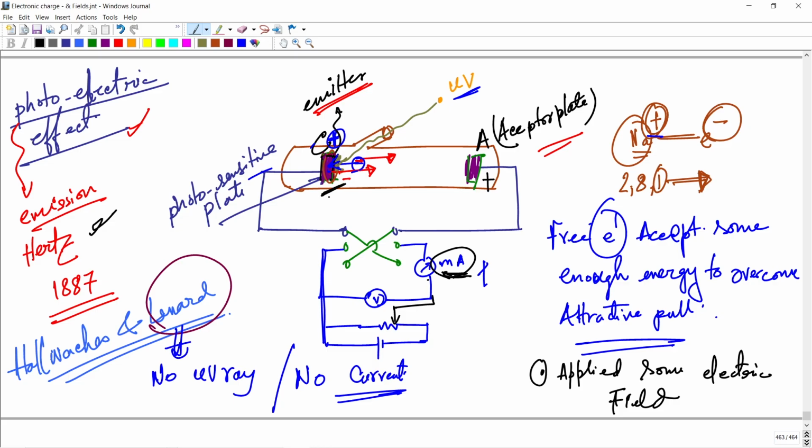So there is an electric field in that direction. If there is an electric field, the free electrons that escape from the metal now move in the acceptor plate direction, or collector plate direction.